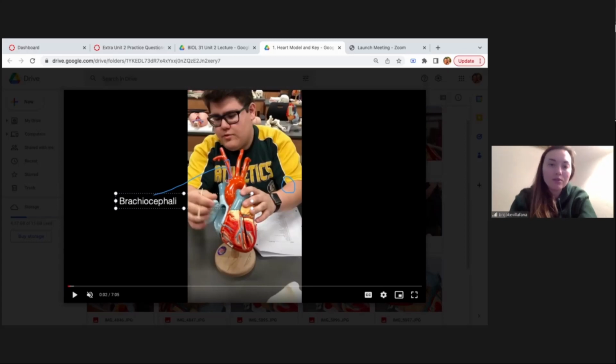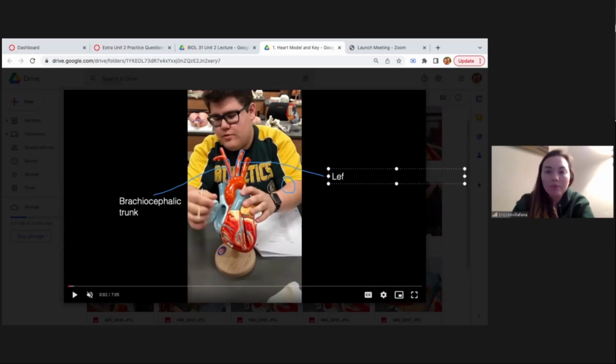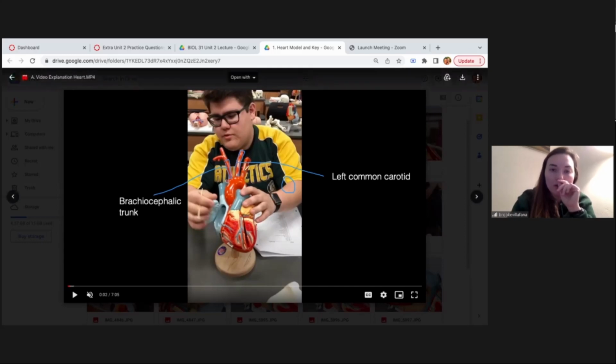Brachiocephalic trunk, right? The next one is our left common carotid. And then the last branch is our left subclavian. And then remember what we said, that the brachiocephalic trunk actually branched, right?